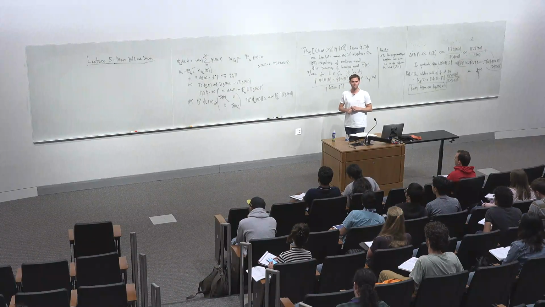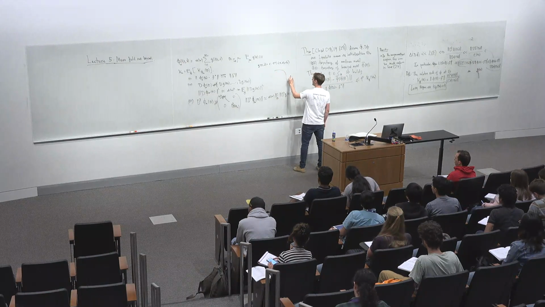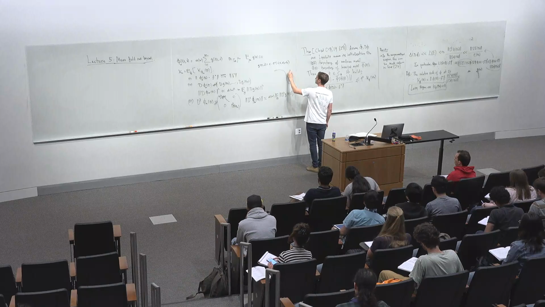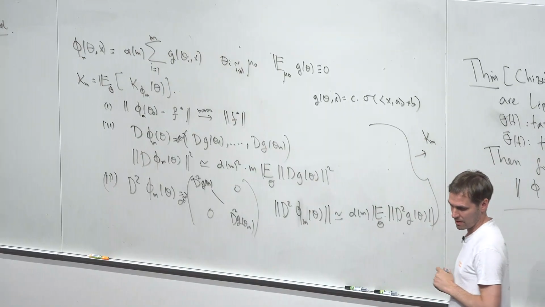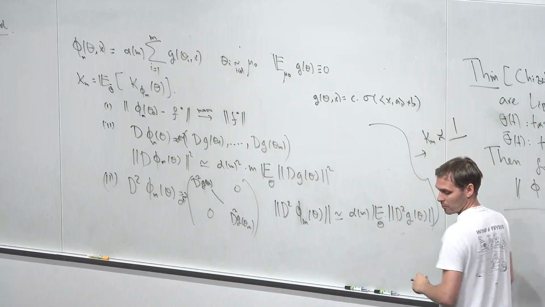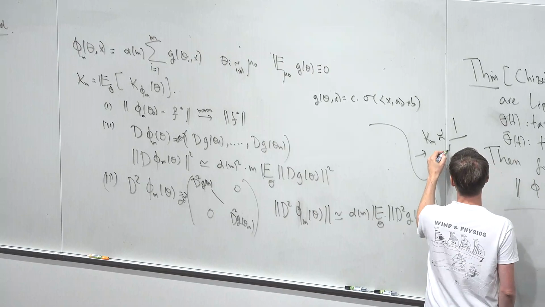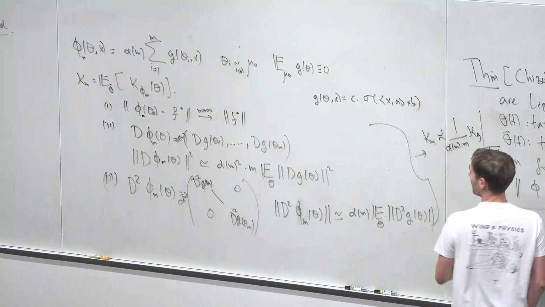Yes? So now, if we take these three things together, what do we see? We see that the relative scale essentially has a growth that is 1 over alpha of m times the relative scale of the original function.